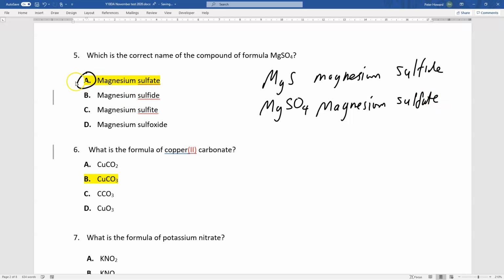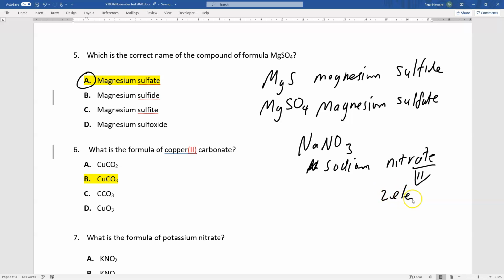So that's A. Again, if you think about NaNO3, sodium nitrogen, and this one would be sodium nitride. This has got oxygen, this would be called sodium nitrate. So -ate implies 2 elements plus oxygen.